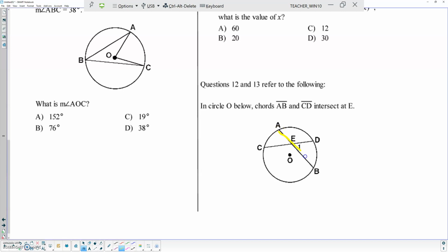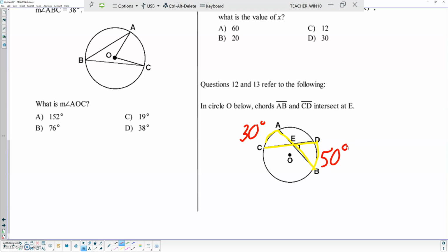Angle 1 is formed by 2 intersecting chords. Remember, an angle formed by 2 intersecting chords is equal to the sum of the intercepted arcs divided by 2. They said in that example that AC was 30 degrees and DB was 50 degrees.